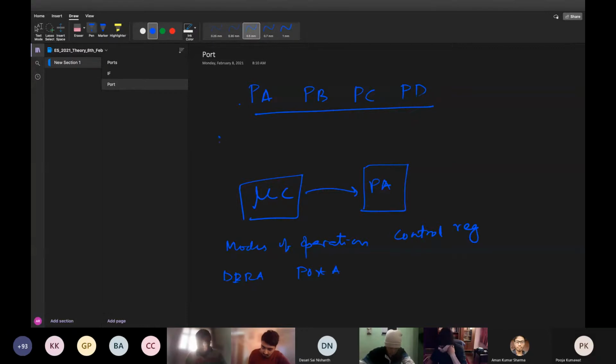Ports are generally slow, and the data is available for longer time. It is meant for slower IO devices.